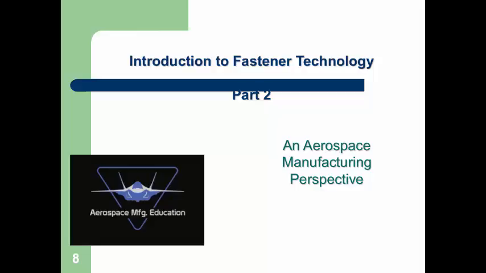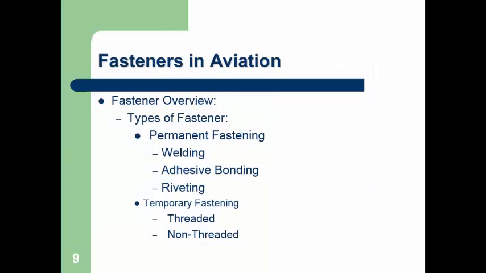Part 2 and Part 3 cover types of fasteners. Part 2 covers permanent fastening, that's welding, adhesive bonding, and riveting, things where you can't easily break the fastened joint and replace a part, for instance.